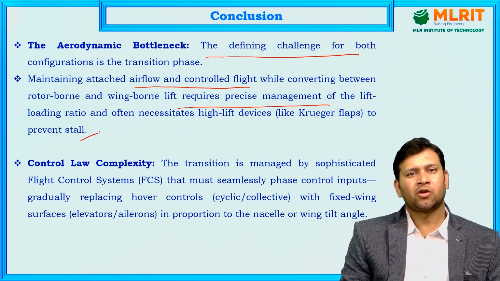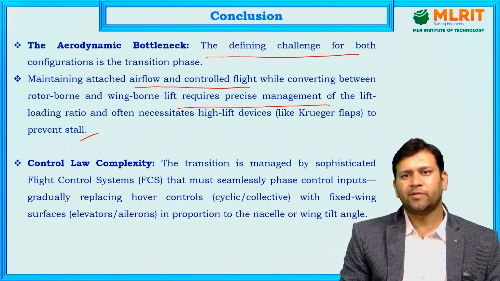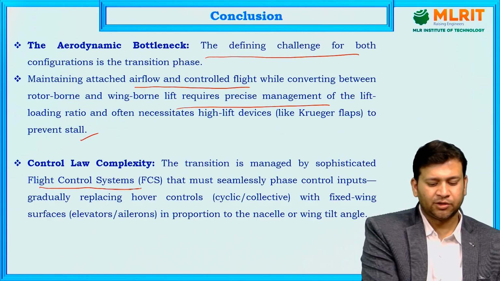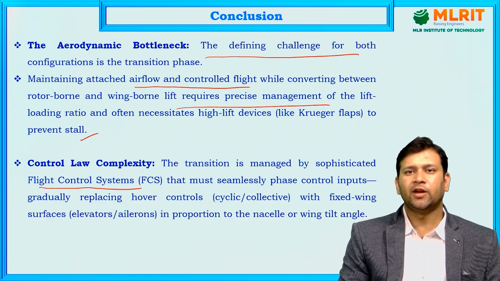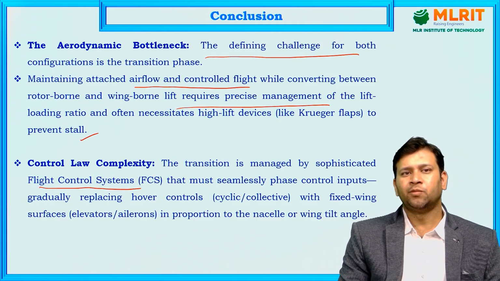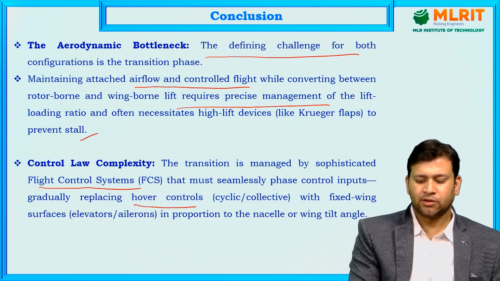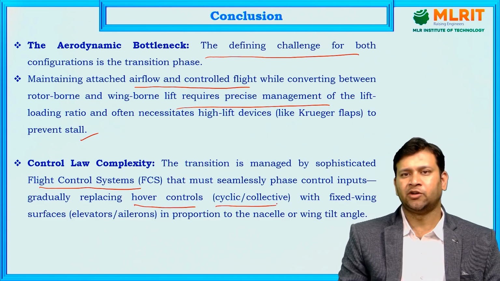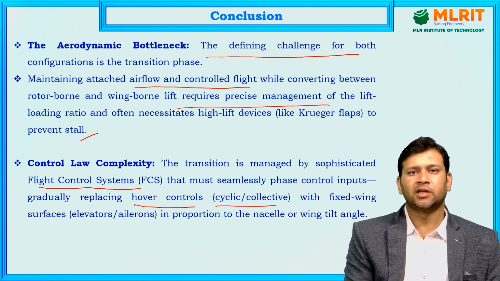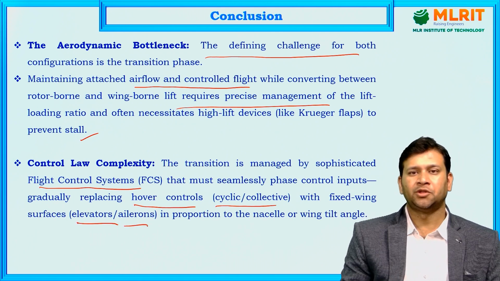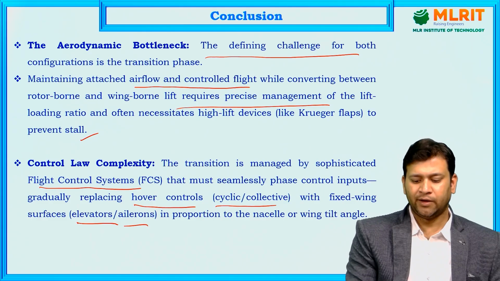The control lock complexity: the transition is managed by sophisticated flight control systems which must seamlessly phase control inputs, gradually replacing hover controls, which is cyclic and collective pitch, with fixed wing surfaces like elevators and ailerons in proportion to nacelle or wing tilt angle.